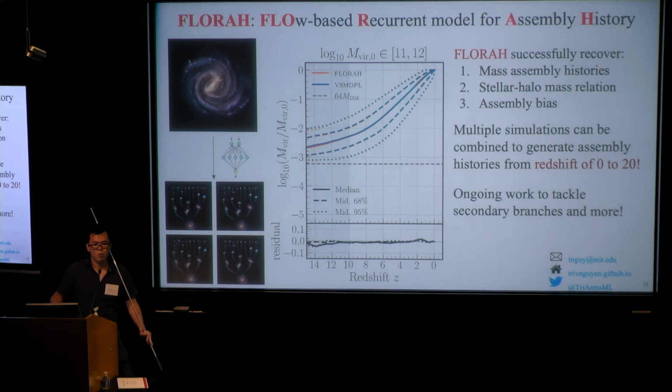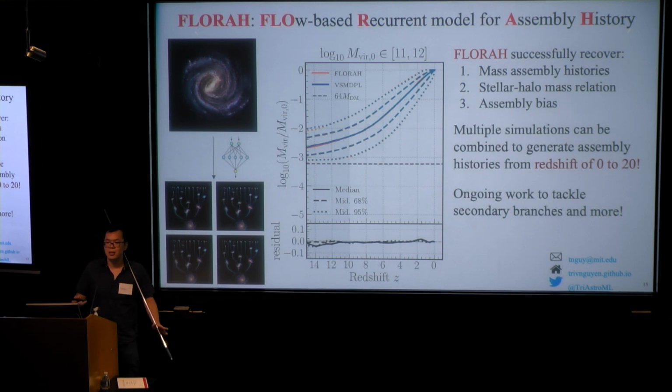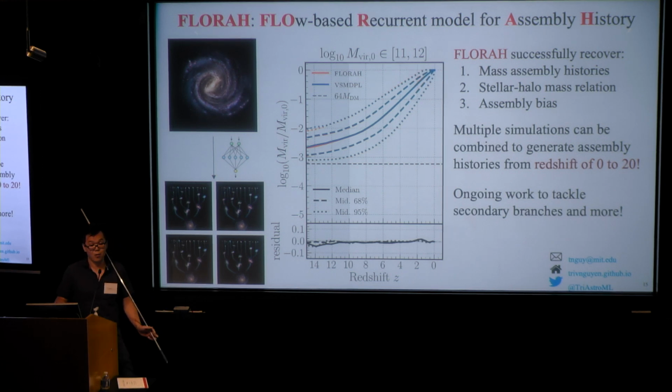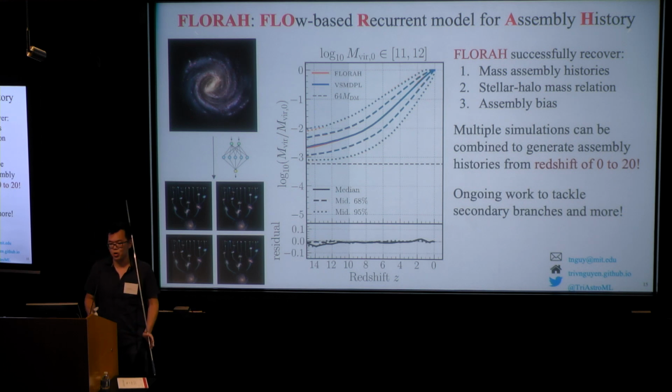Combining multiple simulations, we are able to generate from z equals 0 to z equals 20 with sufficient resolution. We have ongoing work to tackle generation of the secondary branches, as well as to condition Flora on different cosmologies to study the cosmological dependence of galaxy merger trees. Thank you, and I will take any questions.